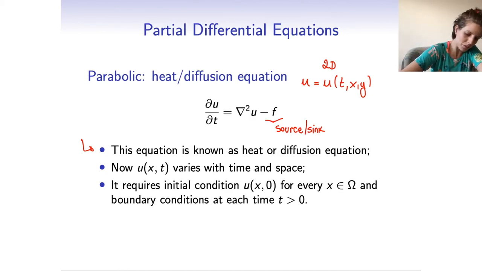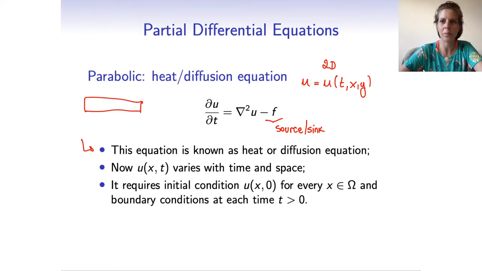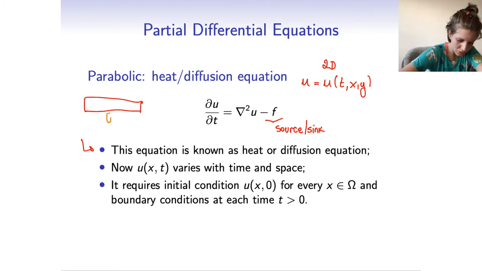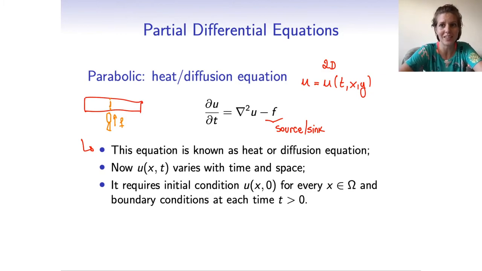Think about that you have a metallic string and that we have some source of heat here, which is F, and then how this heat distributes along this bar, a 1D bar. It would depend on the Laplacian of u, okay?